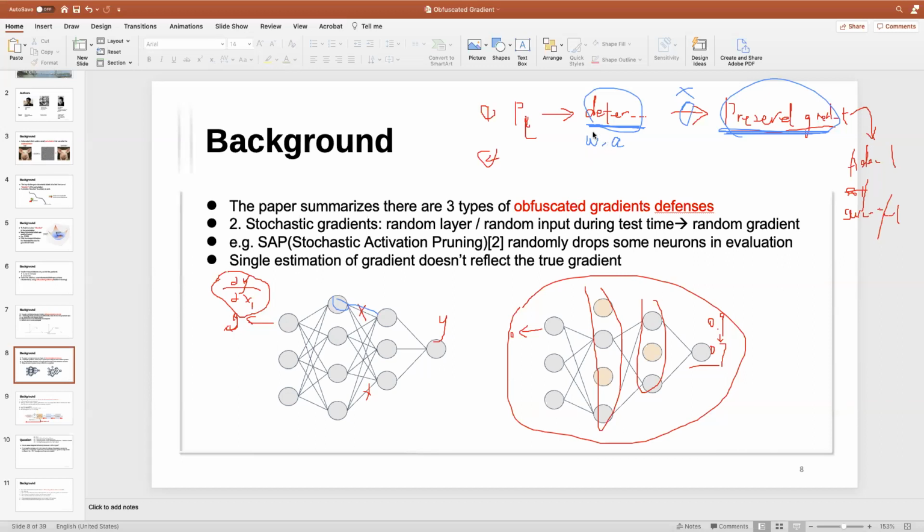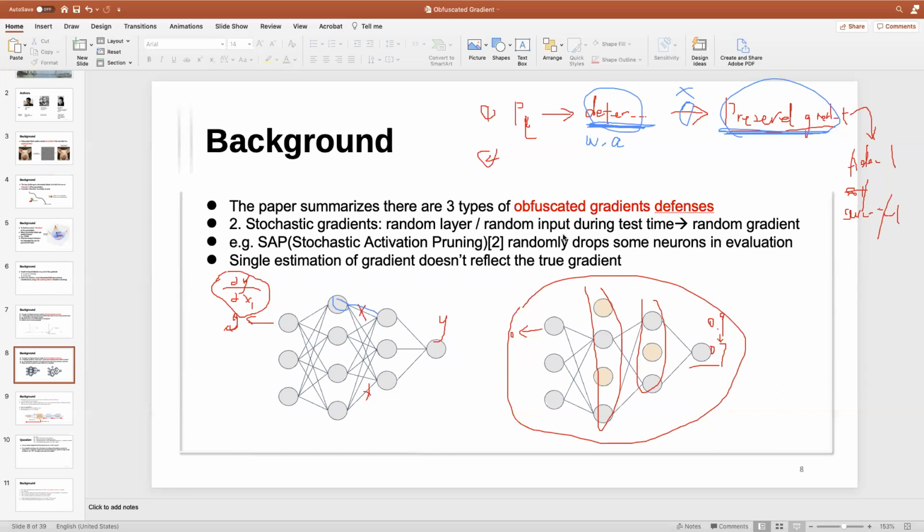Because like what I said, this part is only related to the weight itself and the activation value. I think the only thing we can think about is that if we drop down a neuron here, and the neuron.